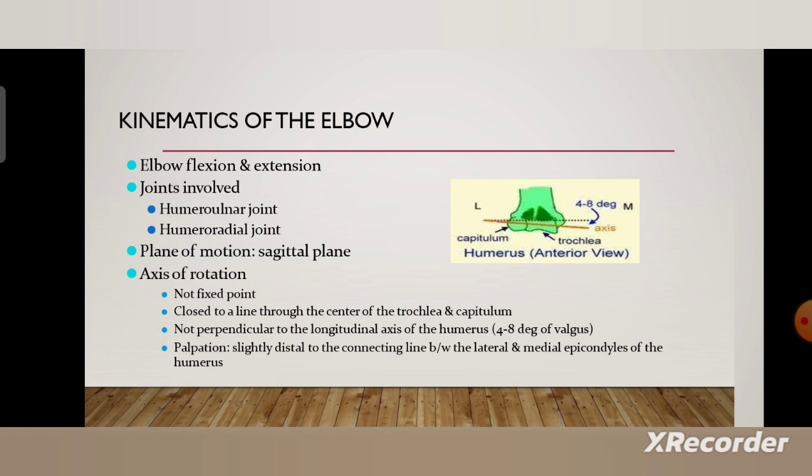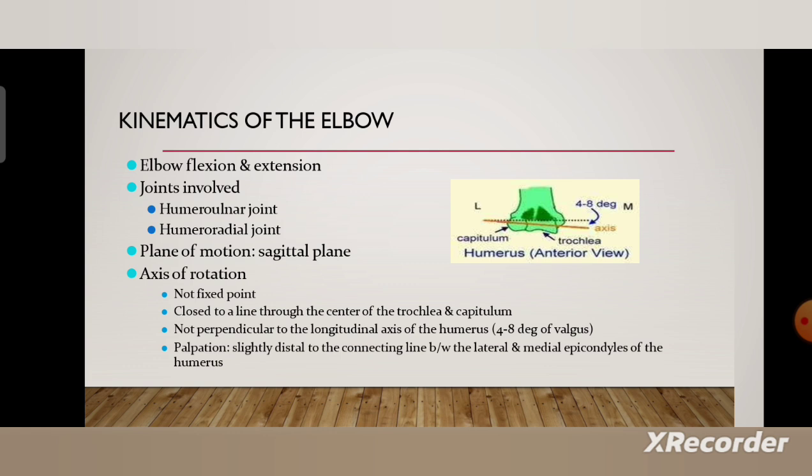In the last presentation, we talked about elbow biomechanics. In this one, we'll talk about the kinetics and kinematics of the elbow joint. First is elbow flexion and extension. During elbow flexion and extension, the joints involved are the humero-ulnar joint and the humero-radial joint, and the plane of motion is the sagittal plane.